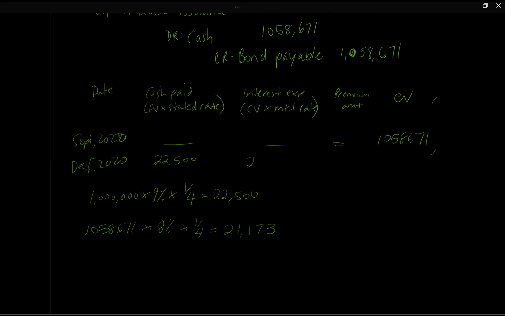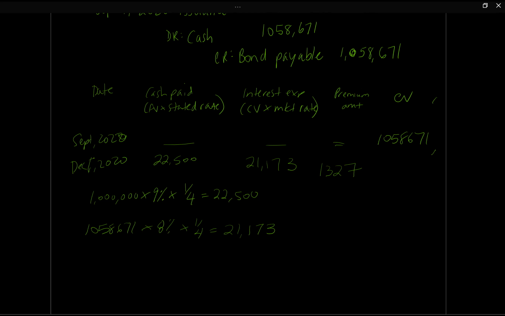And that's what we're going to put into our table here. And the difference between these two things is going to be the amortization of our premium. So 22,500 minus 21,173 is going to give us 1,327. And then we can just intuitively figure out if we're adding or subtracting to this value.